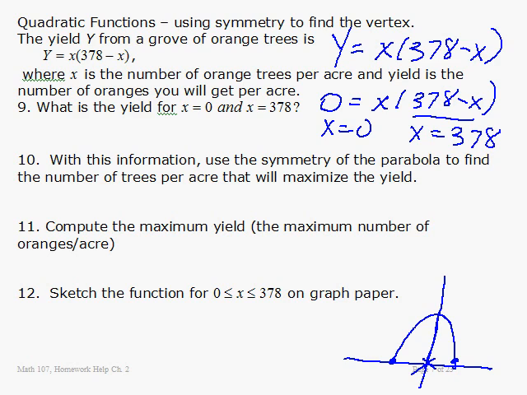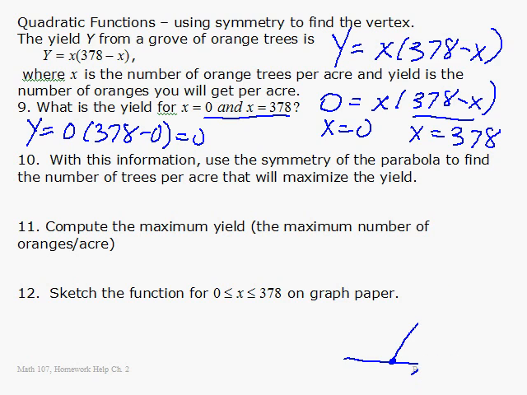But since I wrote these out here and I didn't realize I'd changed that before I started telling you about it, let's look at it the other way. Let's put 0 in that equation. So y, when x is 0, is 0. Also, when x is 378, it's also 0. So that drawing here is not representative of this particular situation.